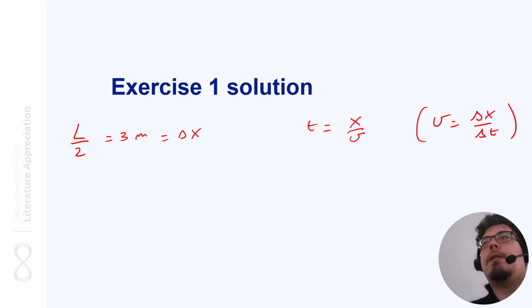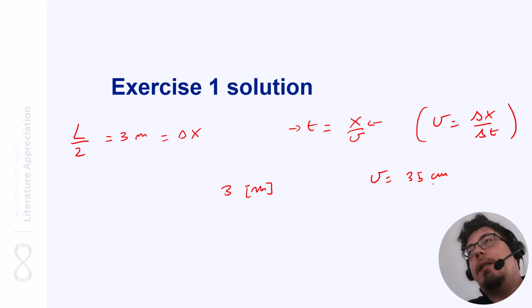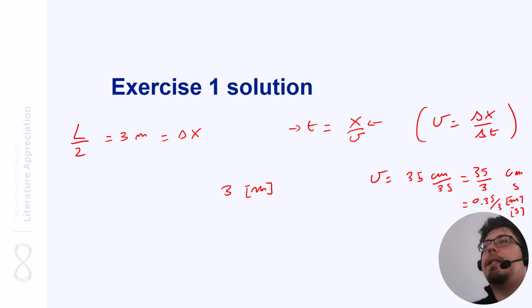So we need to use this formula here, and we know that x is 3 meters, but the velocity is 35 centimeters every 3 seconds, which means it's 35 centimeters over 3 per second, which means it is 0.35 over 3 meters per second. We want to use the natural unit, meter per second.